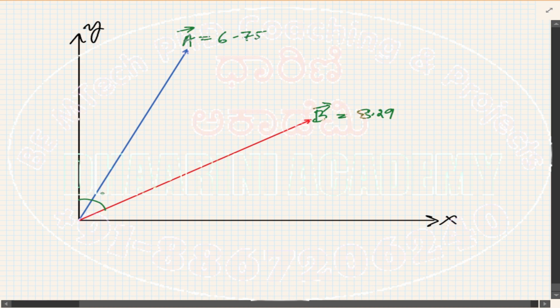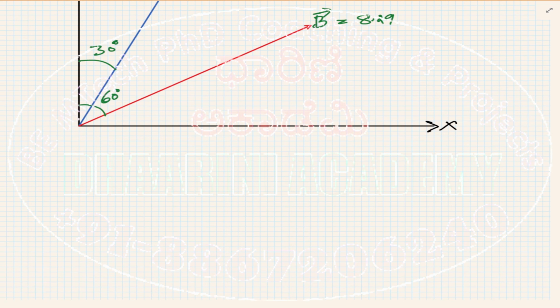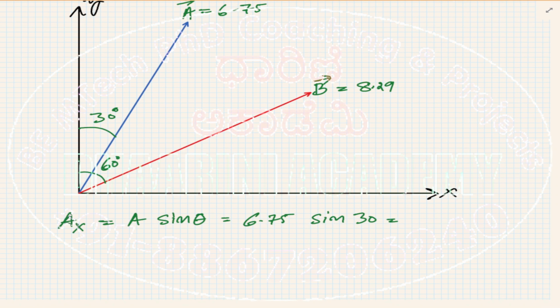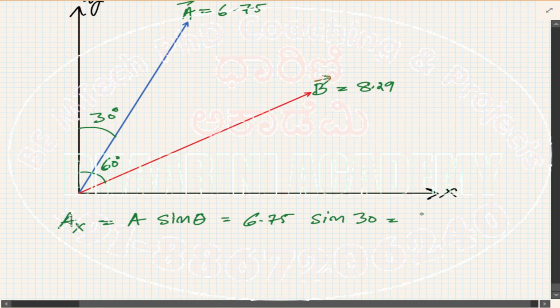This angle is 60 degrees. This angle is 30 degrees. In this case, we can observe that the angle given is with respect to the y-axis. So to calculate AX, this is A sine theta, that is 6.75 into sine 30, which is 3.375.